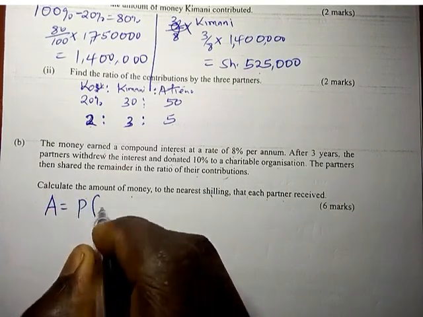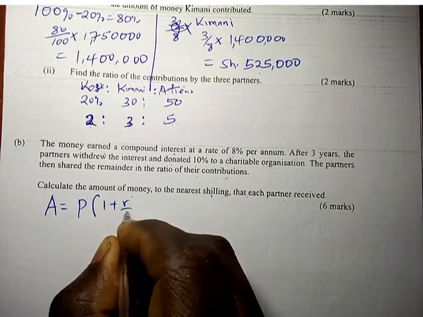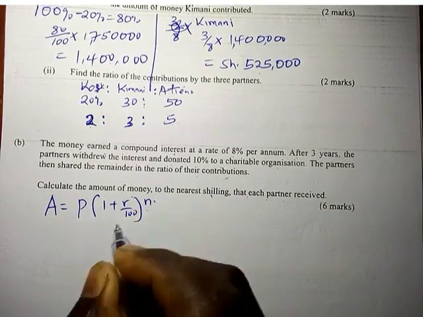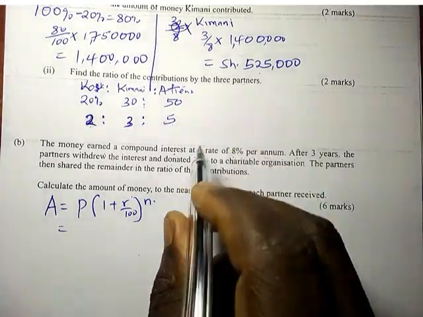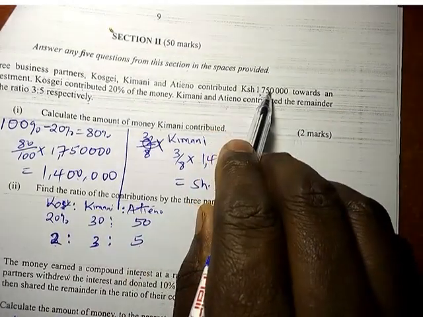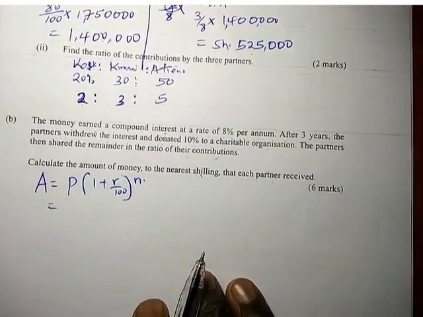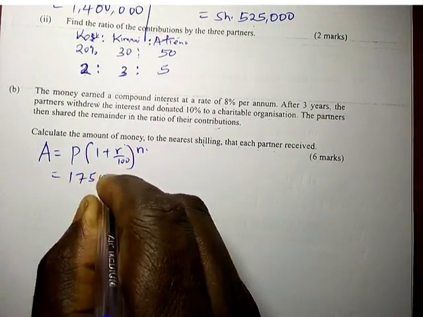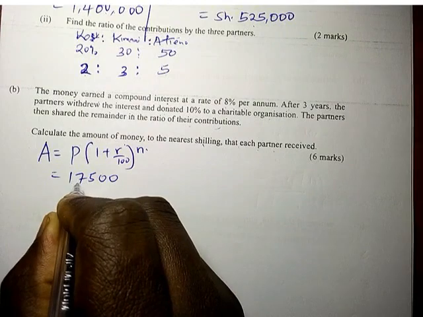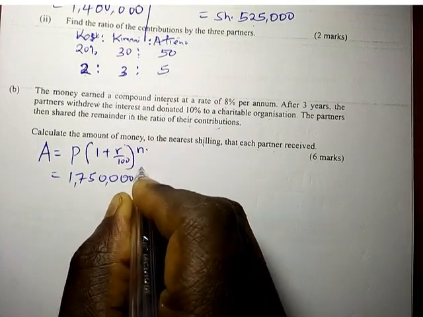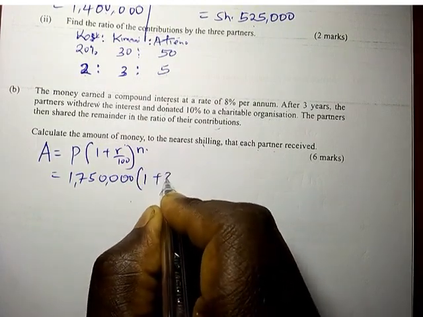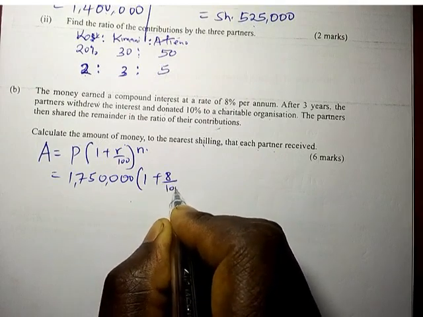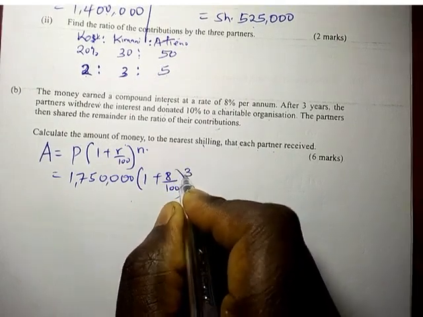Amount will be principal times 1 plus r over 100 raised to power n. The principal is 175 into 1 plus the rate 8 over 100 raised to power 3.